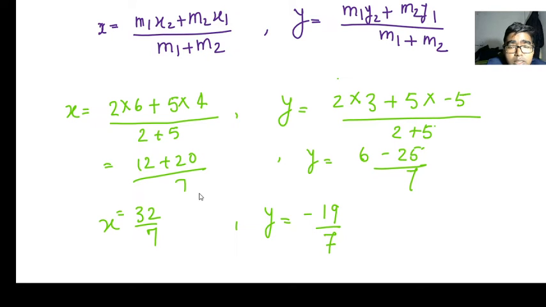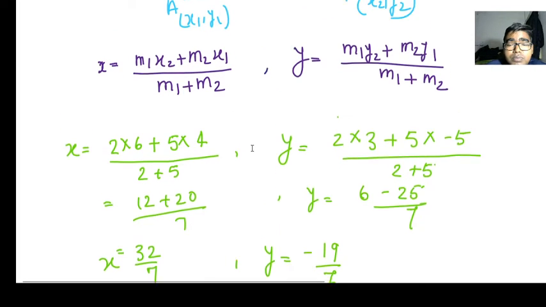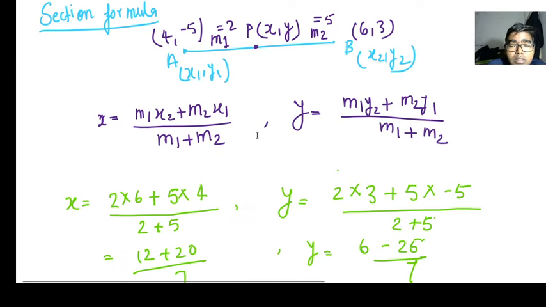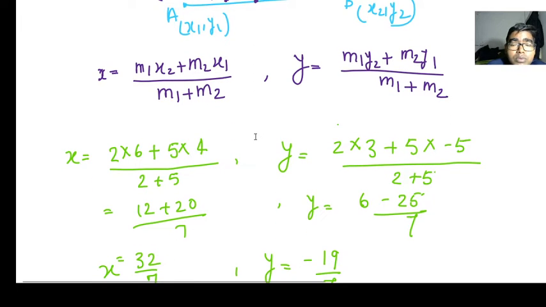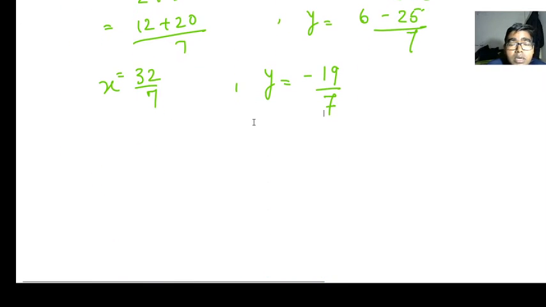So I think it is clear to you. You simply have to put in the coordinates with their respective signs and do simple calculation. But learn this formula. If you forget the formula, your answer will be wrong. Take another question.